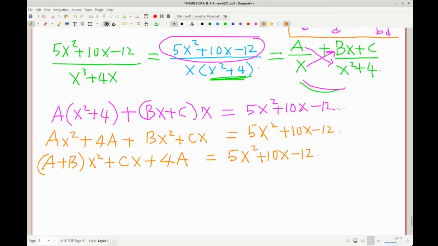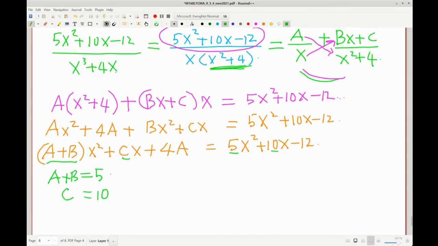And so in this case, what do I have? I can compare the coefficients of x squared with x squared. It says A plus B equals 5. x with x says C equals 10. No worries right there.